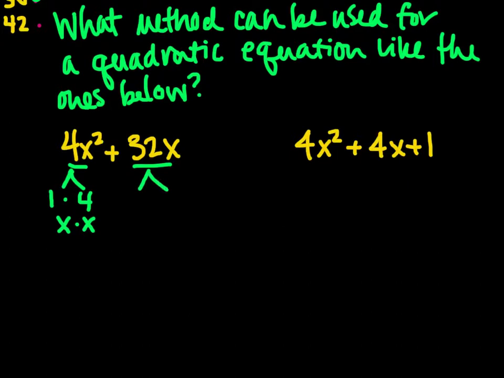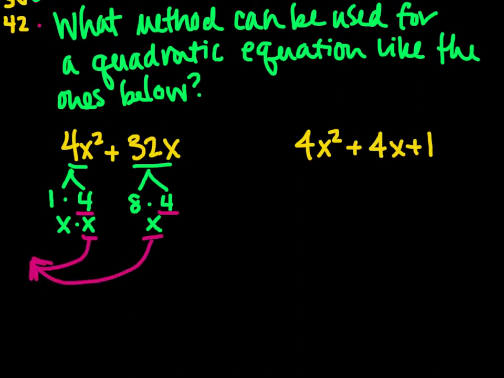If I look at my 32x, I can say that is 8 times 4, and there's also an x in there. Because I can find all these different things in common, that means I can undistribute some of them. I notice I have a 4 in both, and I notice I have an x in both. So that means I can take this information out and bring it out in front.